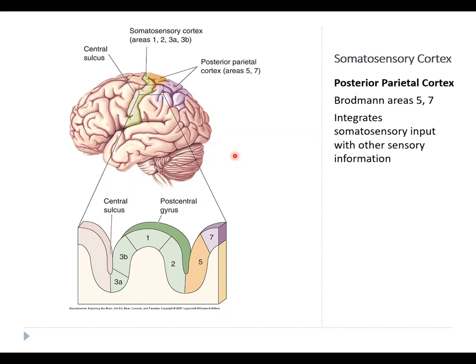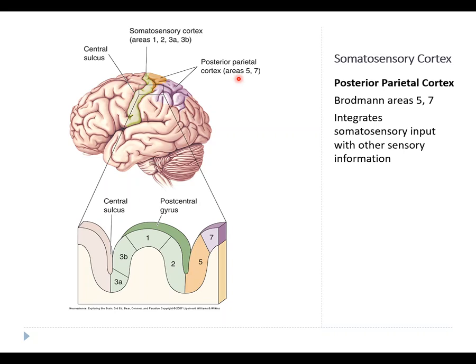And these regions are situated, you can kind of see, in the center of a lot of other sensory areas. So back here you have the visual cortex, down here you have auditory cortex, and then the somatosensory cortex is right here. So it's sort of surrounded by all these other sensory regions.